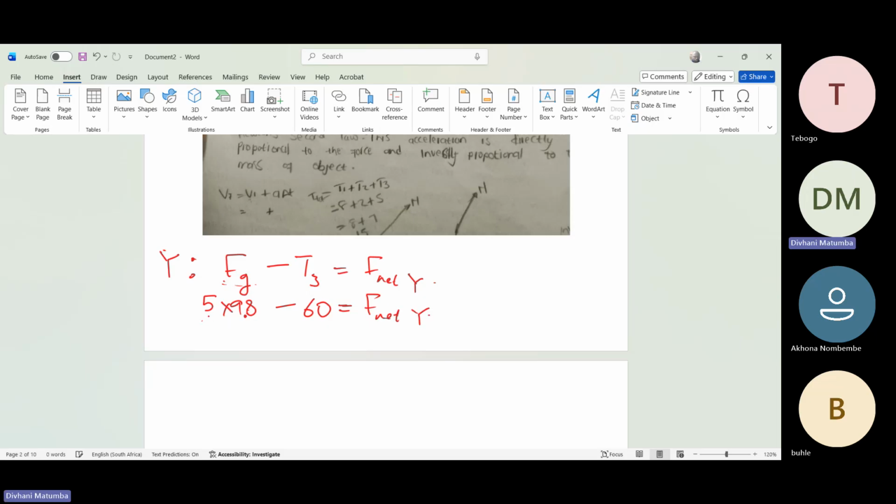So 5 times 9,8 is how much? 49. So it's 49 minus 60, which is how much? Negative 11. Negative 11 equals F net.